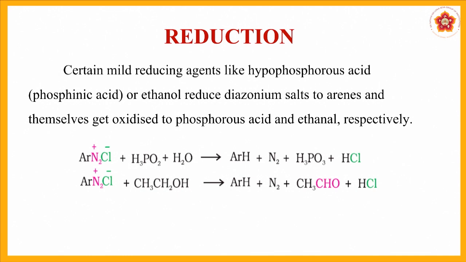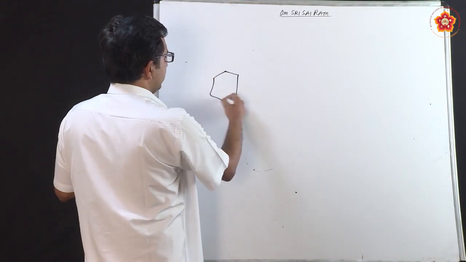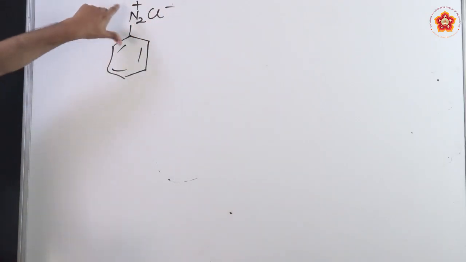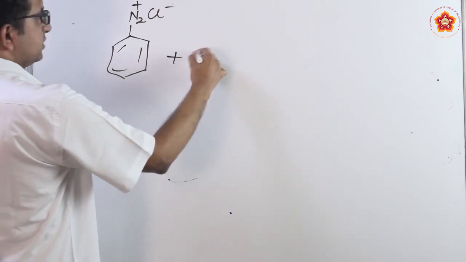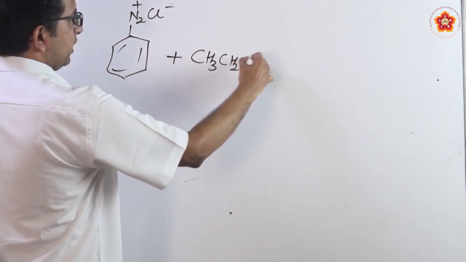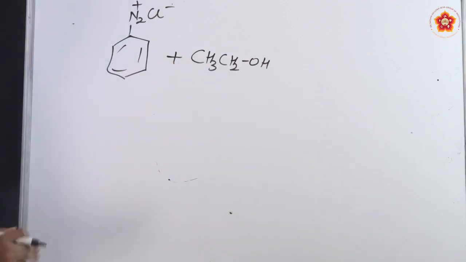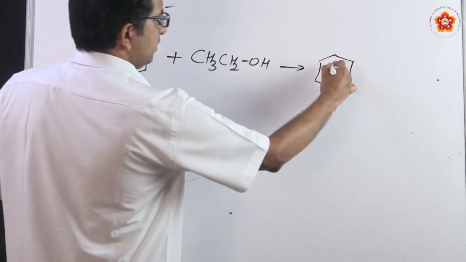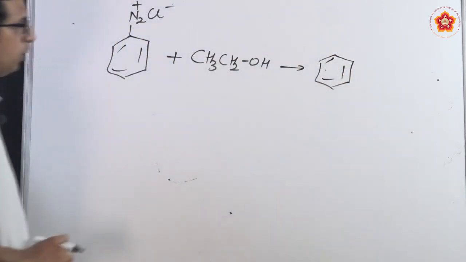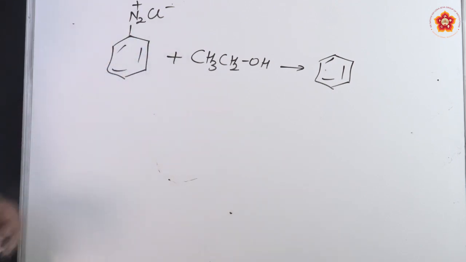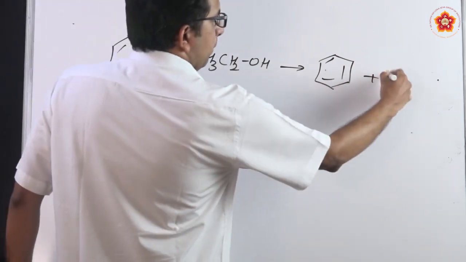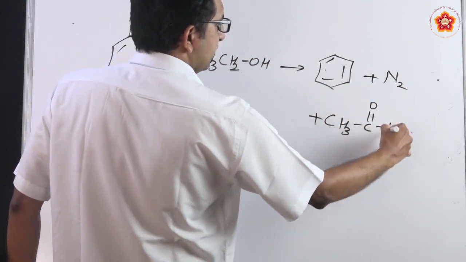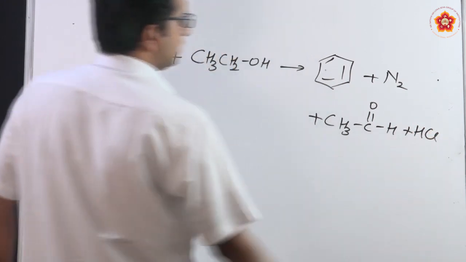So we do not use it for aldehyde preparation as such, but definitely in the presence of a benzene ring we can use it where the benzene diazonium chloride compound is present. This has to be treated with an alcohol like ethanol. This is ethanol, we know it very well. When I undertake this reaction, the benzene ring is present here. What has happened now is that hydrogen has been introduced into this system, a byproduct nitrogen gas has come, CH3CHO, which is ethanal, and hydrochloric acid has been formed.